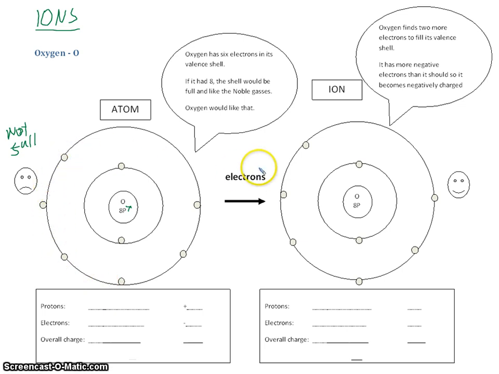It's only got 6. It needs 2 electrons, so it adds 2 electrons. Someone might give them to it, or it might just take them from another atom. It doesn't matter to us right now. We're just worried that it went out and got 2 new electrons. And now it's got 1, 2, 3, 4, 5, 6, 7, 8 electrons.